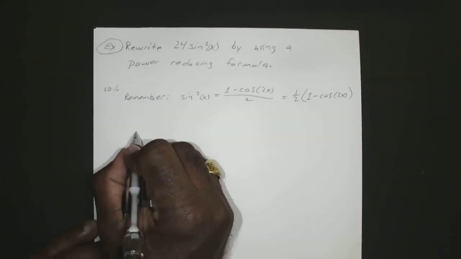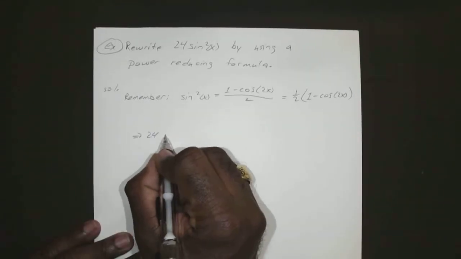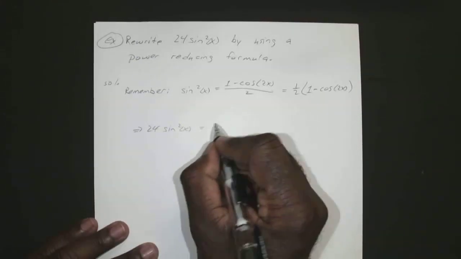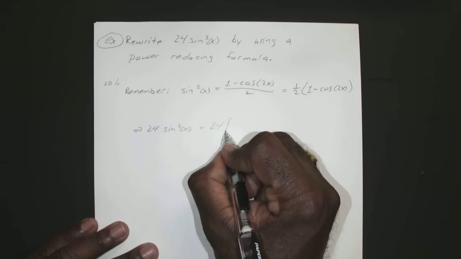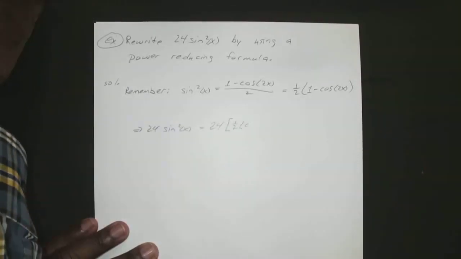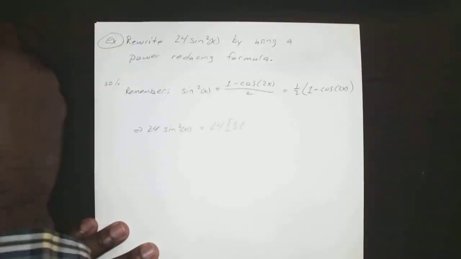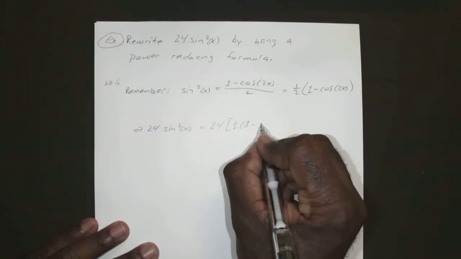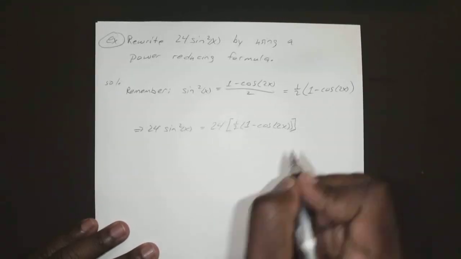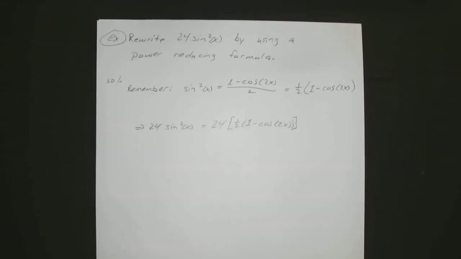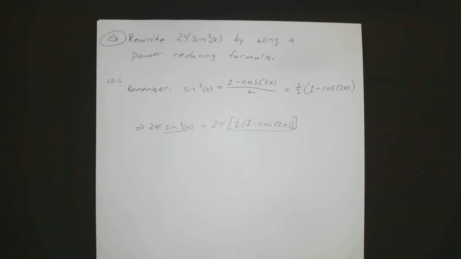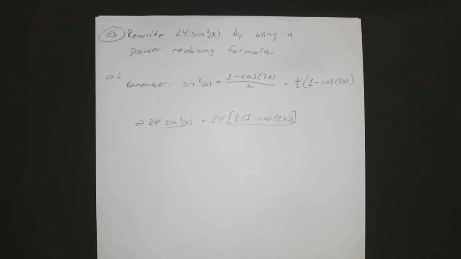Okay, so 24 times sine squared of x would just become 24 times 1/2 times 1 minus cosine of 2x. So all we did was replace our sine squared with 1 minus cosine 2x divided by 2.